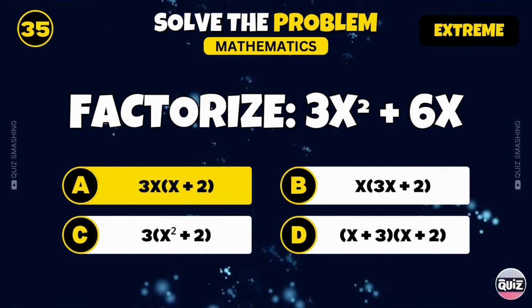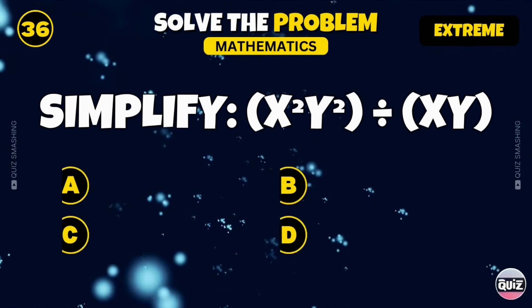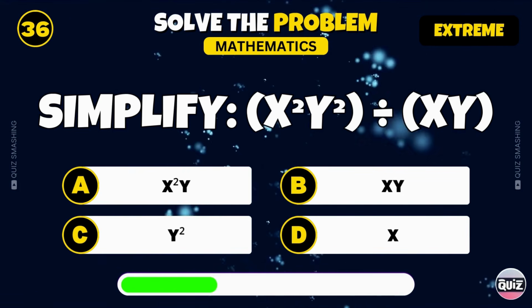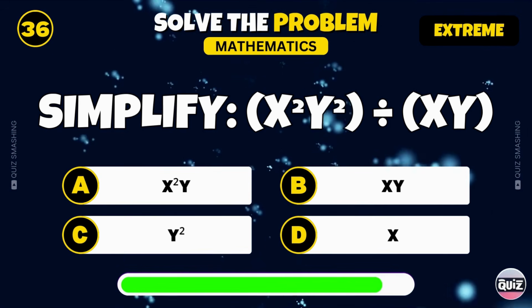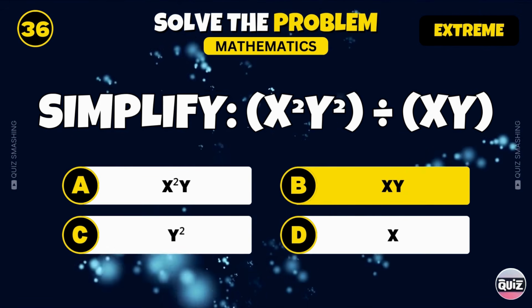Correct. It factors to 3x times (x plus 2). Simplify (x squared y squared) divided by (xy). Yes, the result is xy.